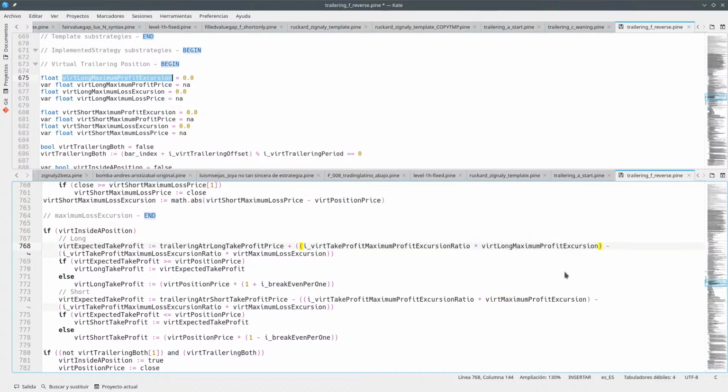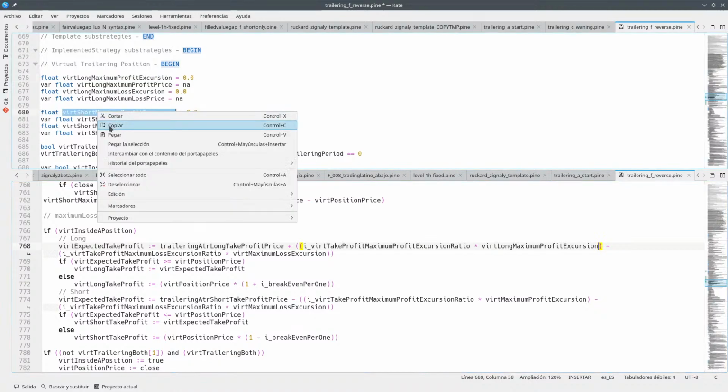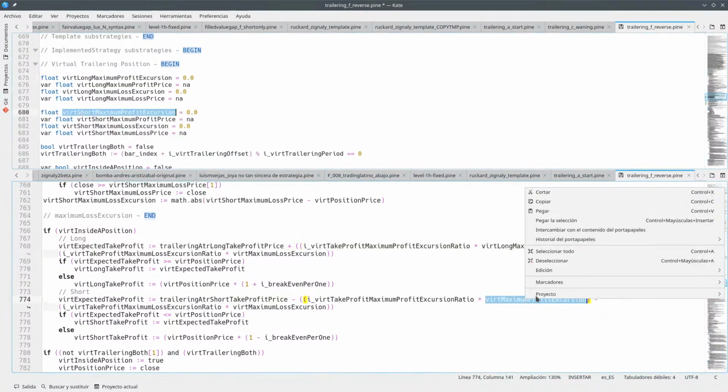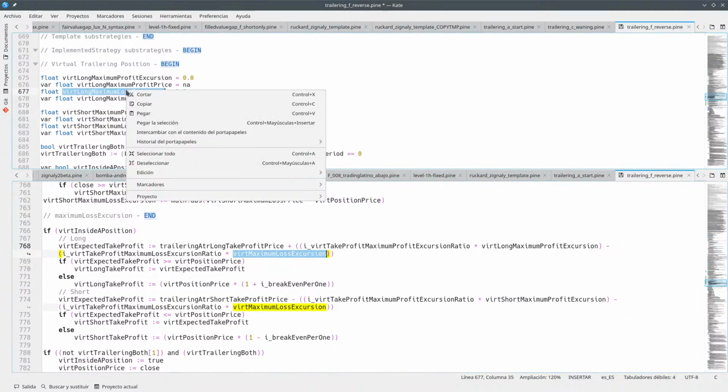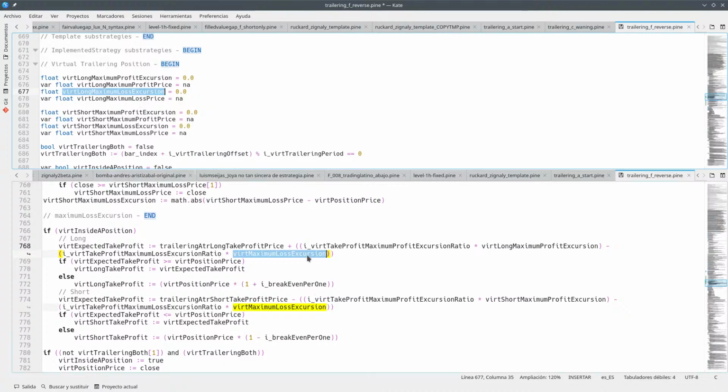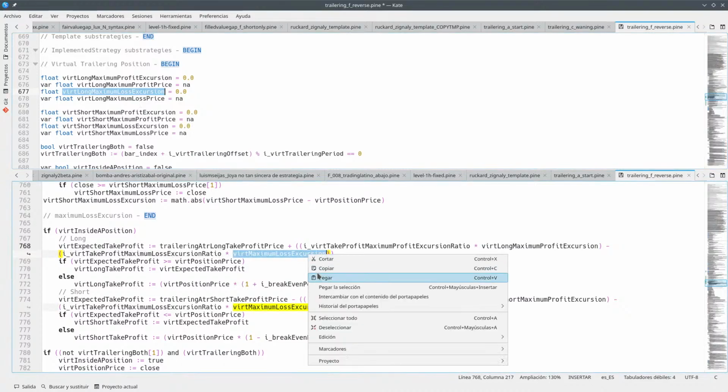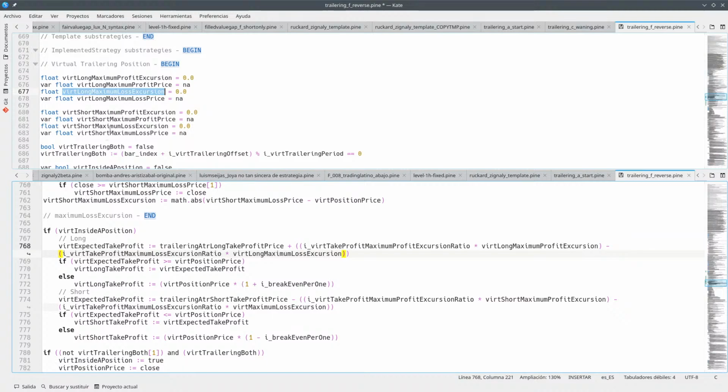Nice. And down here is the short one, so we should just use the short one here. Maximum profit excursion. This is a short one. Nice. And now we should focus on this loss excursion, which is here. So this is the long one, and the short one is here. So let's just use it here.